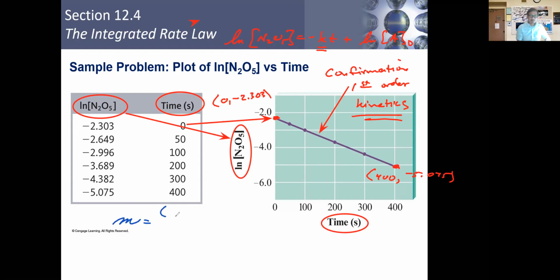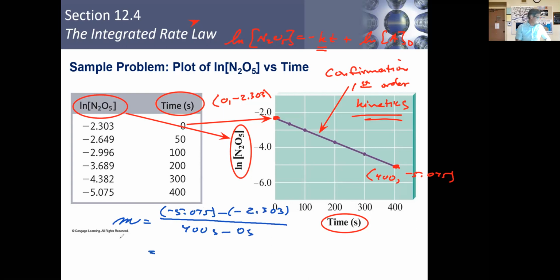It's going to be negative 5.075, okay, minus a negative 2.303, okay, all over 400 seconds minus 0 seconds.